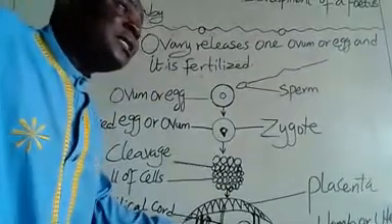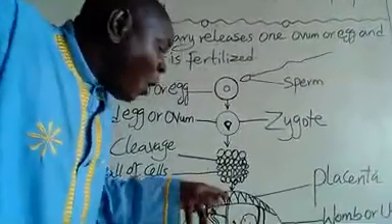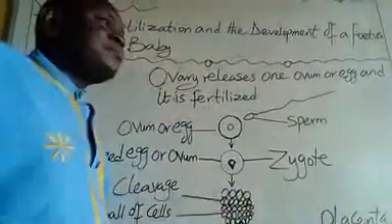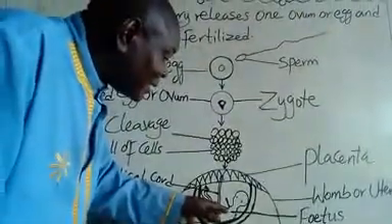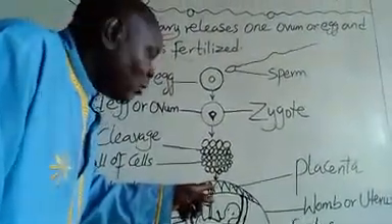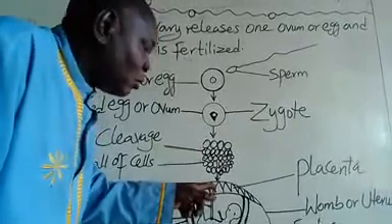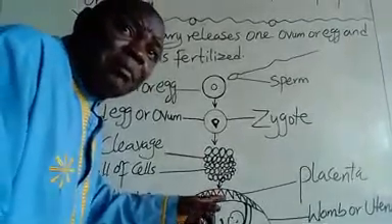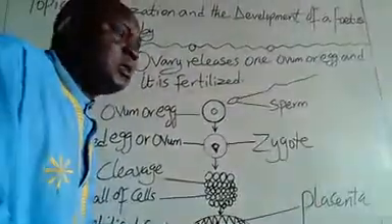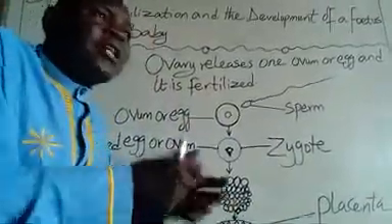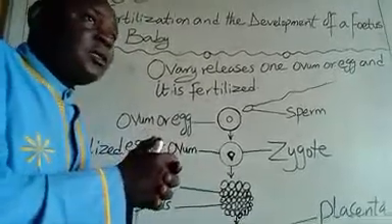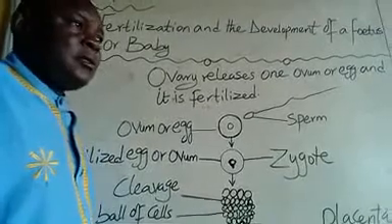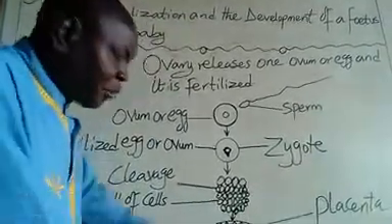At the same time, the same umbilical cord carries the waste products from the baby down to the placenta. Umbilical cord carries waste products like urea, waste products like carbon dioxide from the baby or from the fetus.